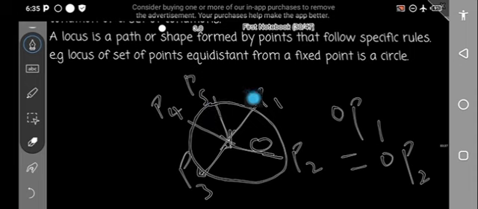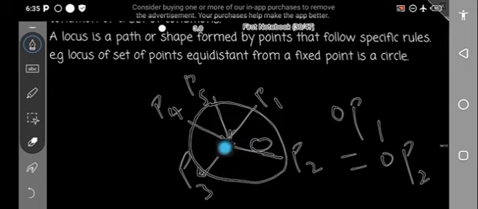So whenever you draw points from a fixed point O such that those points are equidistant from it, so P1, P2, P3, P4, P5 are equidistant from this fixed point O, then when you join those points together, what you trace out is called the locus, and such a locus is called a circle.